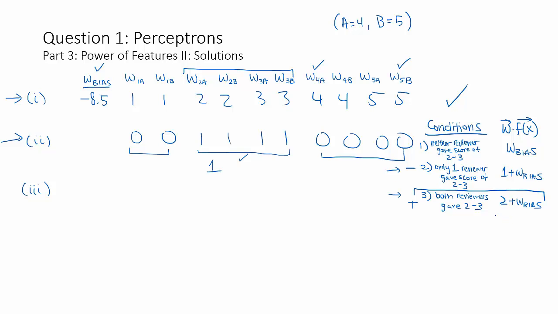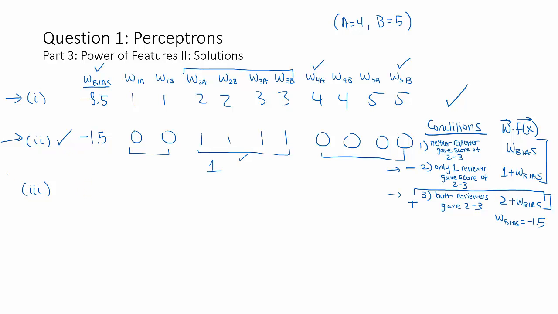Well, let's try W bias equal to minus 1.5. If we set these terms to minus 1.5, then these 2 would be negative, and this one would be positive, which is exactly what we want. So let's put a weight of minus 1.5 for the bias term. This is one weight vector that correctly satisfies the condition that we have. So it turns out that using this feature space, the perceptron can learn this situation correctly.